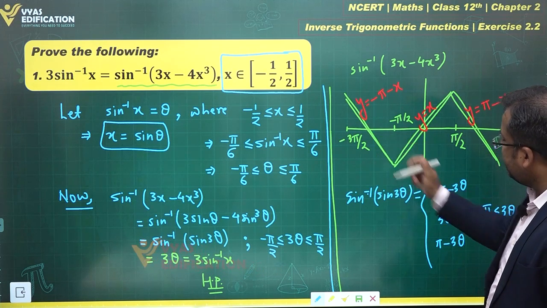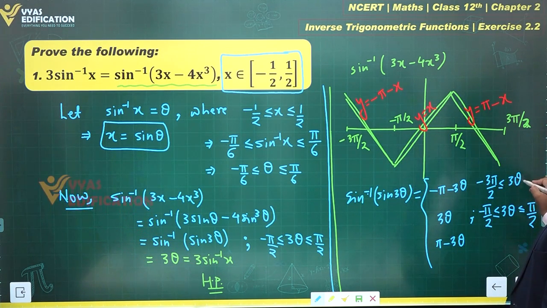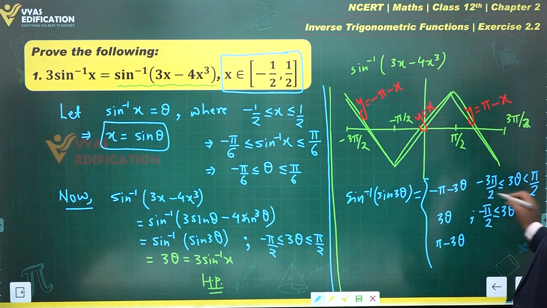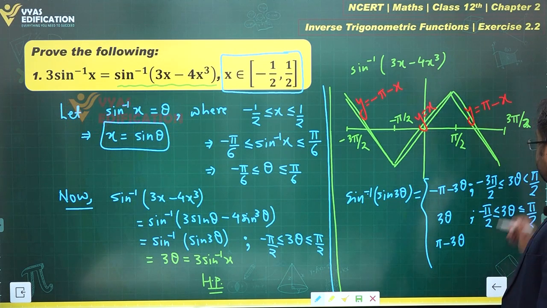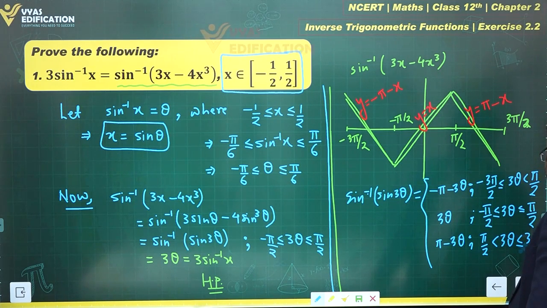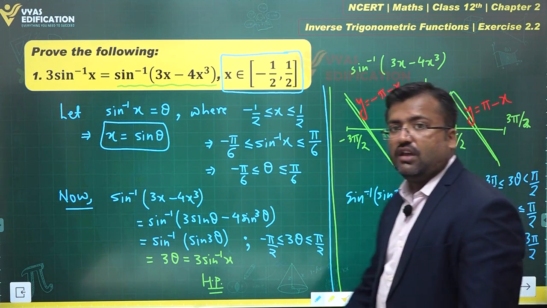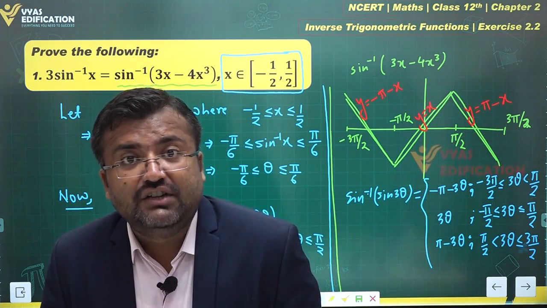Before this, in the interval minus 3 pi by 2 less than or equal to 3 theta less than pi by 2, you get this definition. In the interval after this, you get another definition. What's that? Pi by 2 less than 3 theta less than or equal to 3 pi by 2. So different definitions in different intervals.